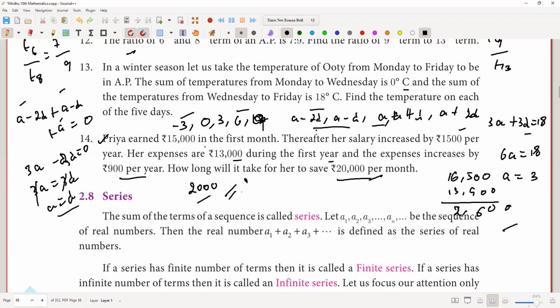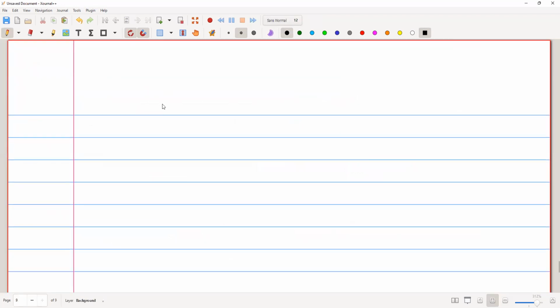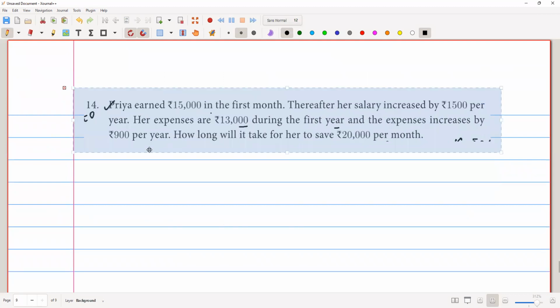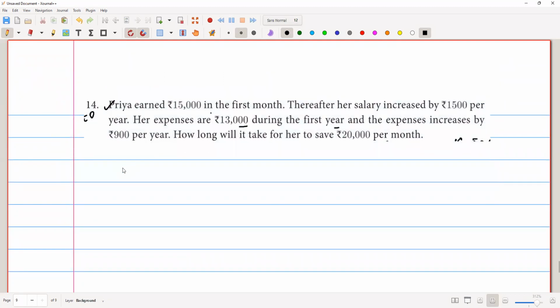So 2,000, then it is 2,600, then it is 3,200. So A equal to 2,000. Next year is 2,600.